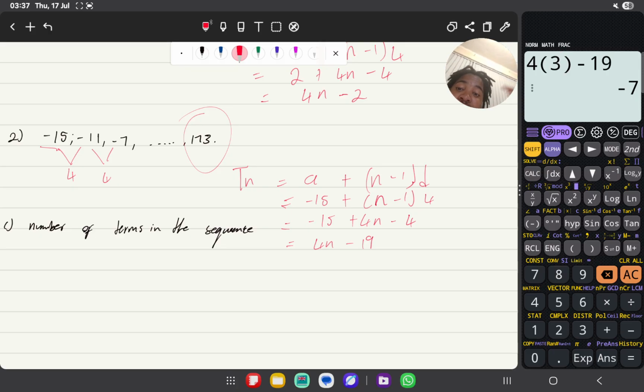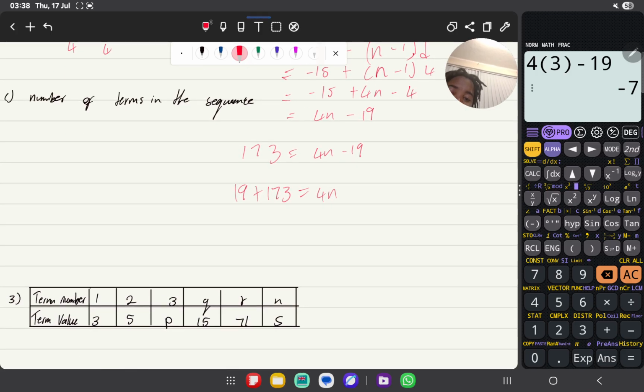And then that term number is going to tell us how many terms we have in the sequence. So with your formula, you would say 173 equals 4n minus 19. So this minus 19 goes this side. You have positive 19 plus 173, then 4n.